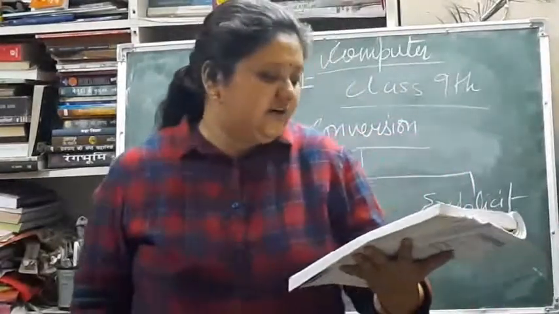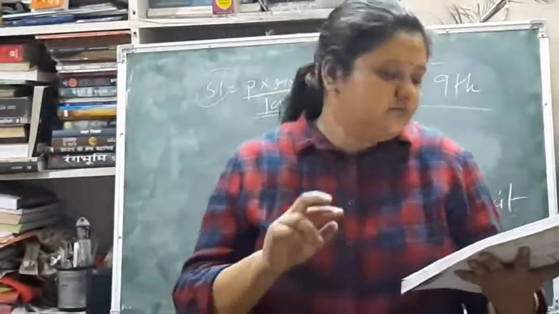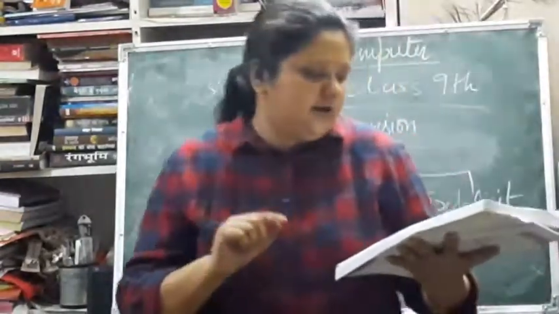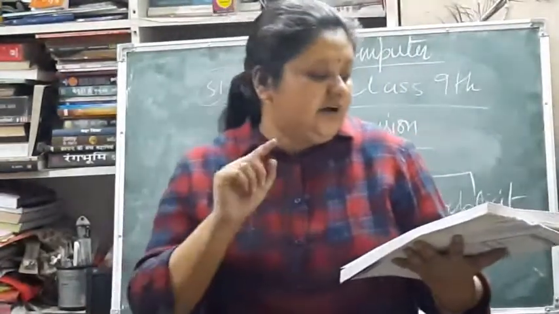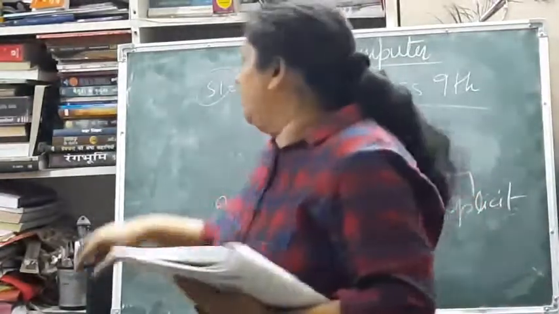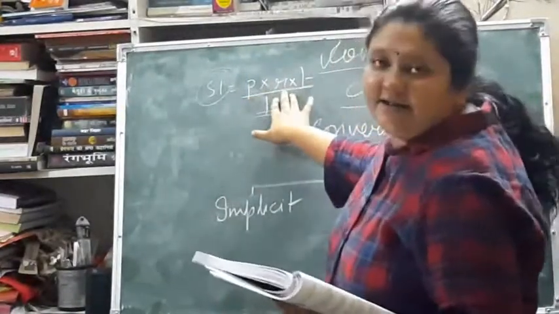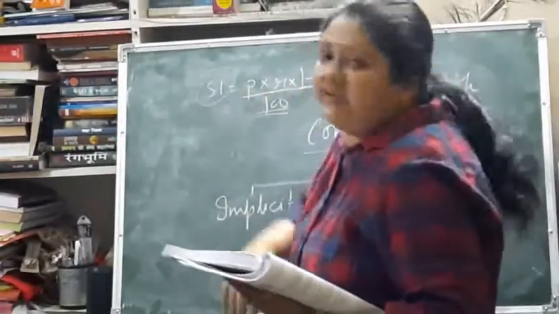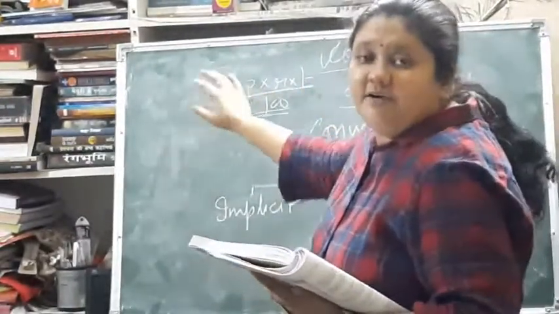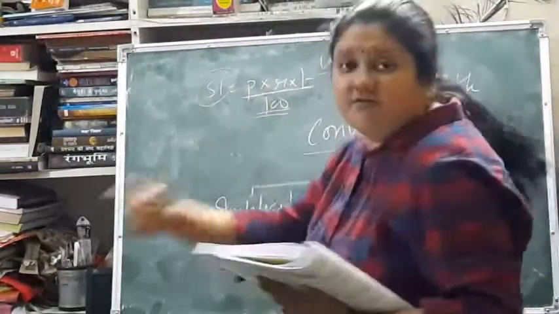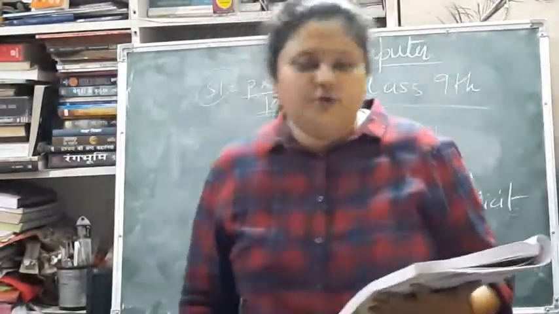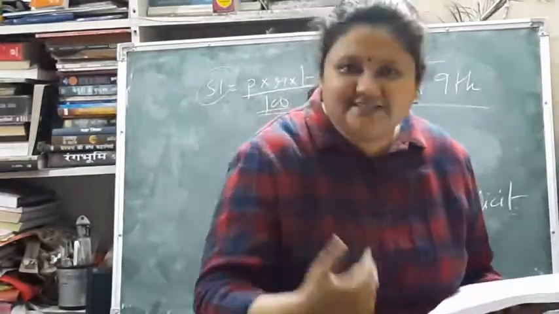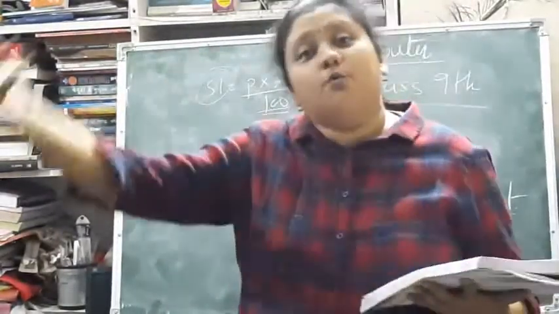The Java compiler automatically performs implicit type conversion depending upon the used data type. It is applied when there is more than one different type of operand. If P is integer, R is double, T is integer, what should be the value of SI? It will be double only, and all of these will be converted to double automatically by the computer. This is also known as type promotion. As I told you, it is always going to promote the data type.